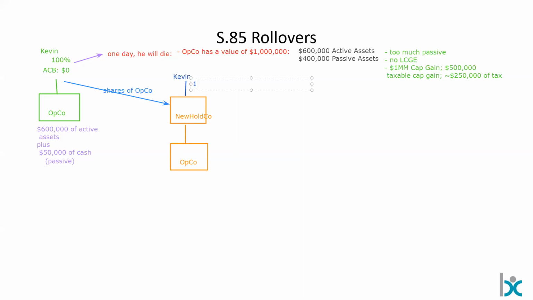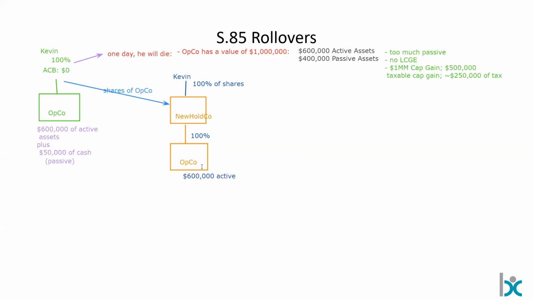And Kevin now will take back 100% of the shares of New Holdco. New Holdco now owns 100% of OpCo. Now, we really haven't accomplished anything here, although you could argue that there's a little bit of a business benefit because OpCo keeps all the active assets now.